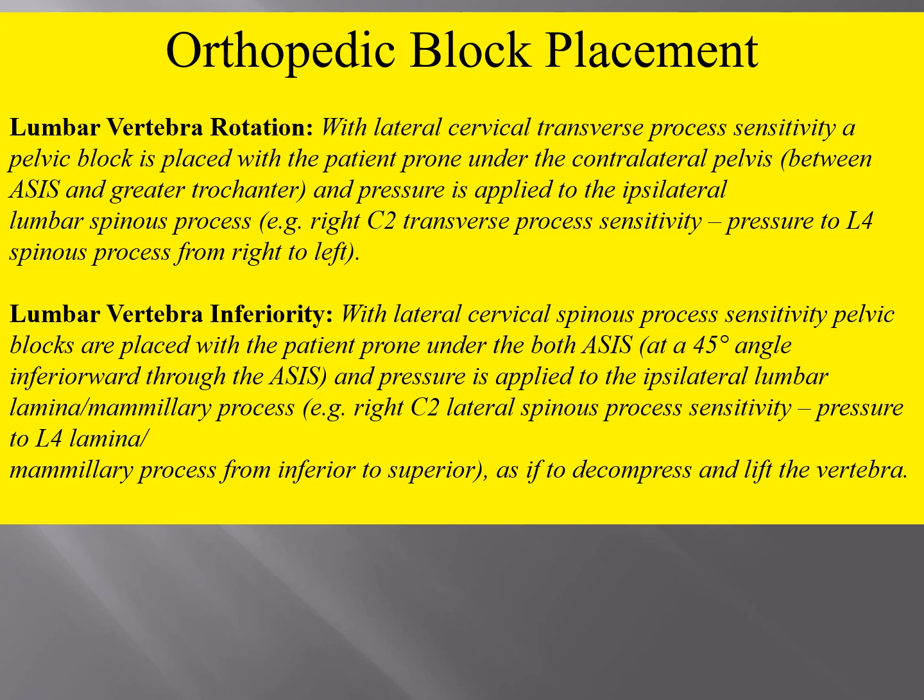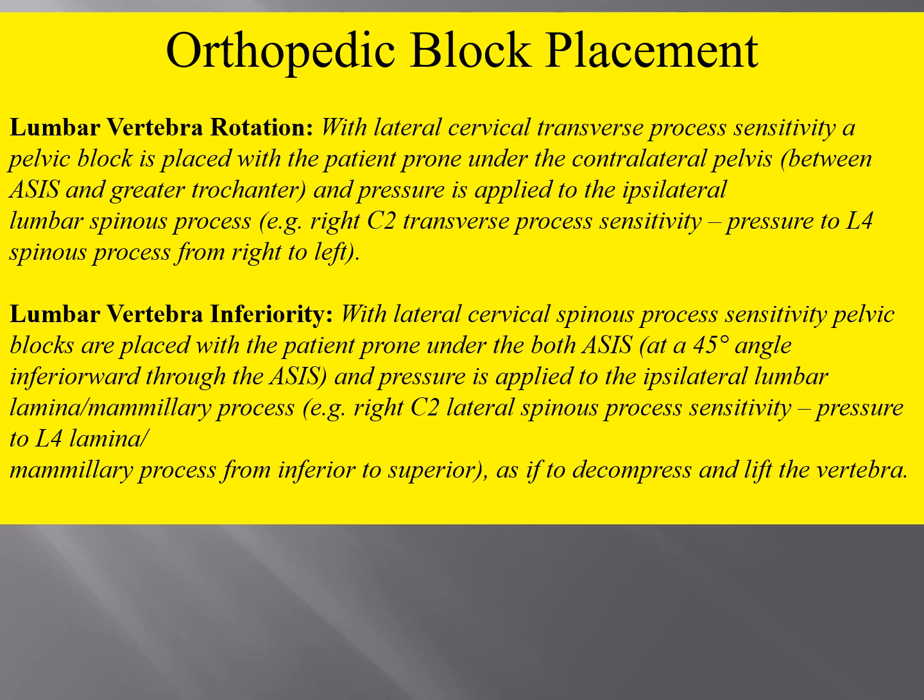You have this orthopedic blocking adjustment that you can do, which combines a unique block placement with a sustained tissue pull that doesn't bring the joint to tension, and there's also no thrust. So for lumbar rotation, let's say you have lateral cervical transverse process sensitivity.